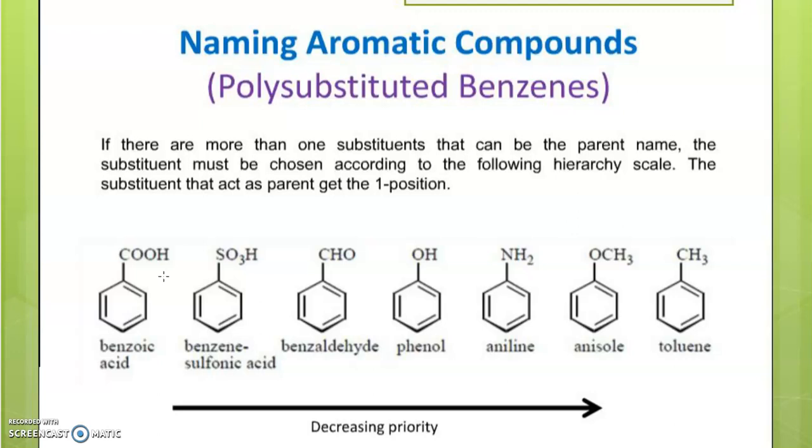The OH becomes your substituent, and its name becomes hydroxyl or hydroxo. In your structure, numbering starts at the C double bond OOH as 1, then 2, 3, 4, 5, 6. If carbon number 2 has OH, the name is 2-hydroxy benzoic acid, something like that.